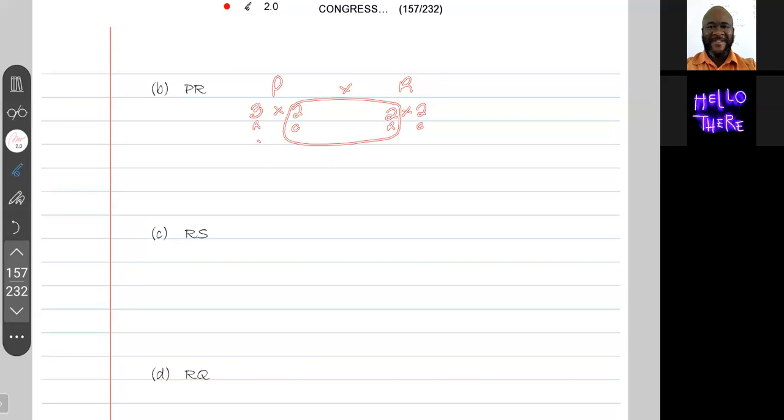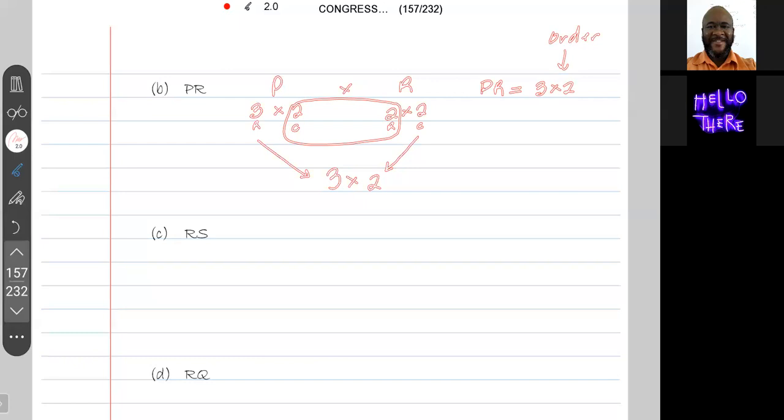Now, the number of rows in the first matrix, which is 3, by the number of columns in the second matrix, which is 2, is the order of the matrix product. So what this is saying to me is that PR is a 3 by 2 matrix. So this is the order of PR. And that's what we're asked to do.